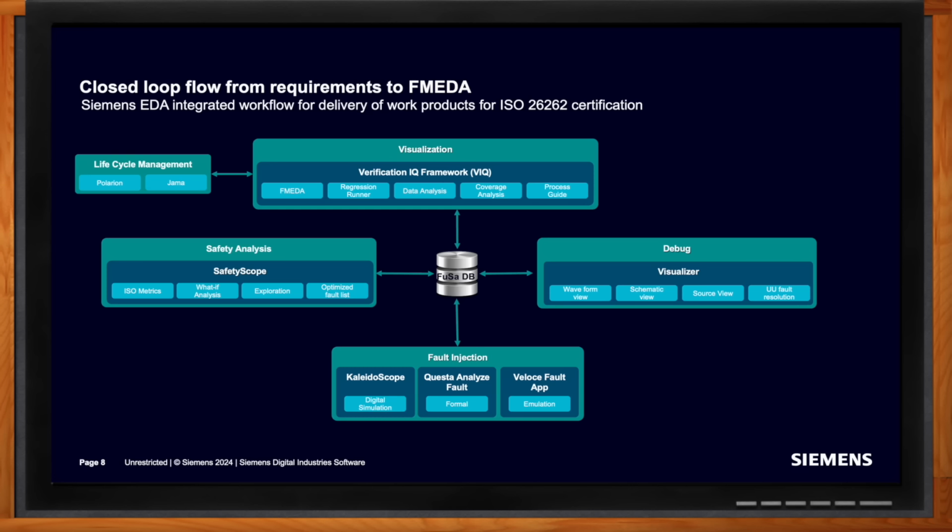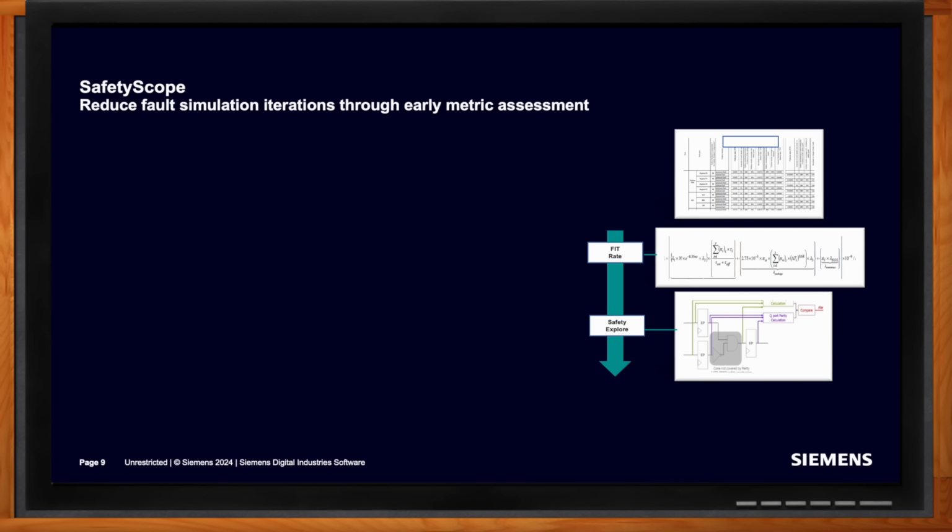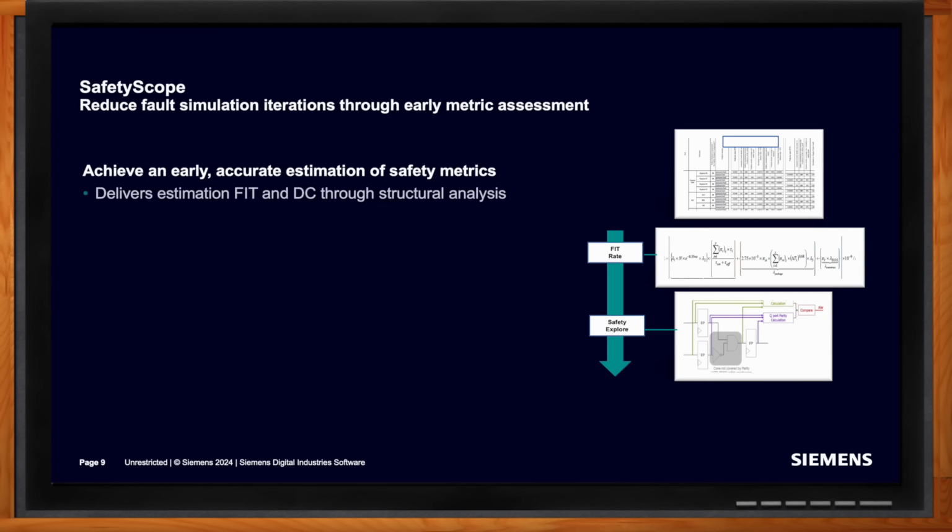Safety scope's really key. So what safety scope does is provides an accurate estimation of your diagnostic coverage while you're developing your design. So you can get early RTL. You might have some safety mechanisms in it. You run safety scope, and what it will provide you is an estimation of your fit and your diagnostic coverage.